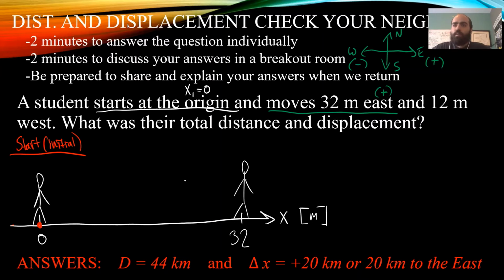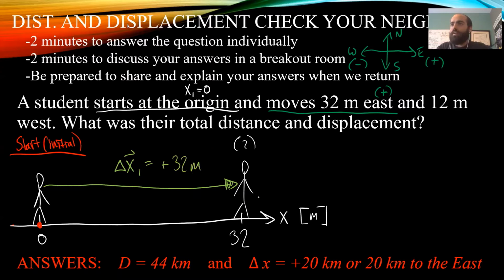That's going to be my second point, where I end up when I move 32 meters to the east. That vector, my displacement, is a vector that points from where I started to where I end up. This is my displacement vector for the first part of my trip, and it was 32 meters to the east, so positive 32 meters. And that was the first thing that I did.